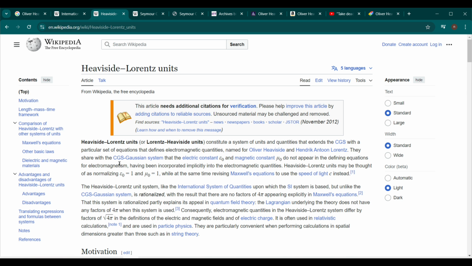But one of the things that's really cool is Heaviside-Lorentz uses a different system where it does use rationalized, but it doesn't use 4 pi because it's sort of like not a real number if it's not really referring to anything that's going to be rationalized.